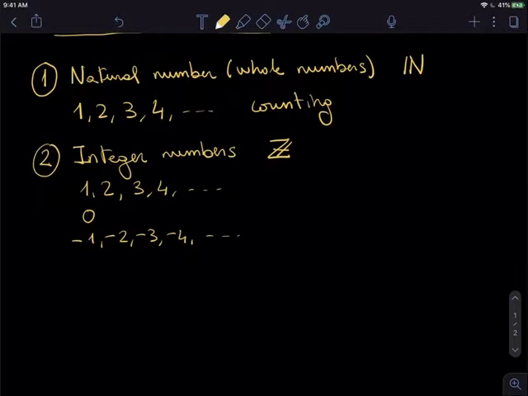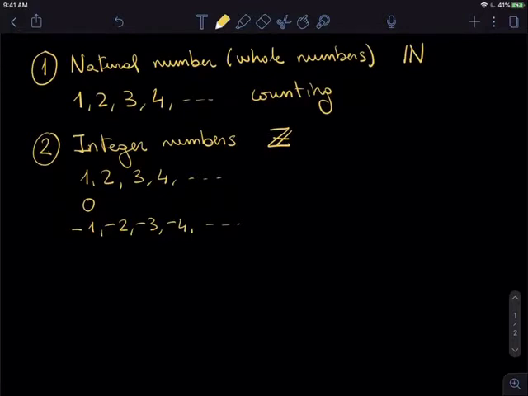Now, when we have integer numbers, we may want to split something, right? So for example, we may want to divide 4 between 2. Let's say 4 coins between 2 people.